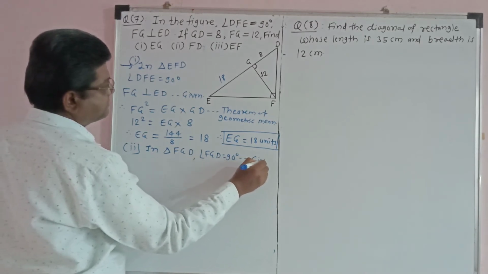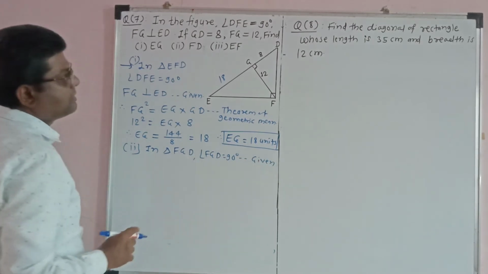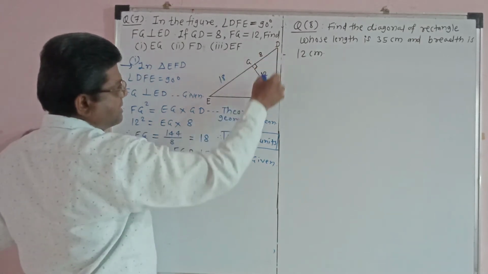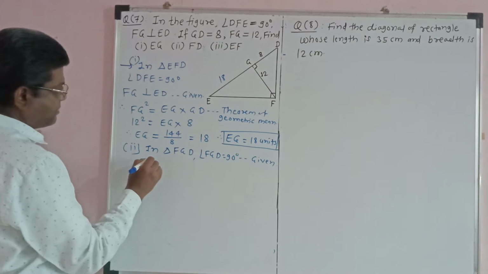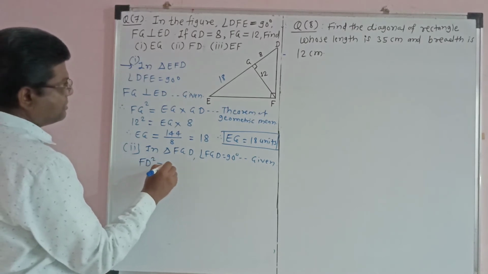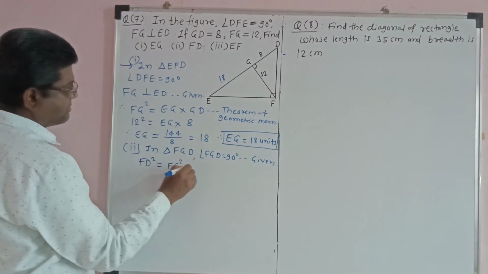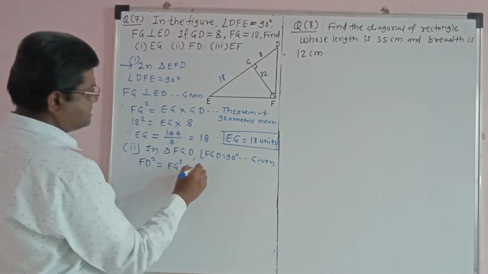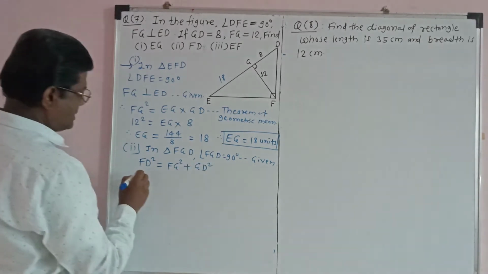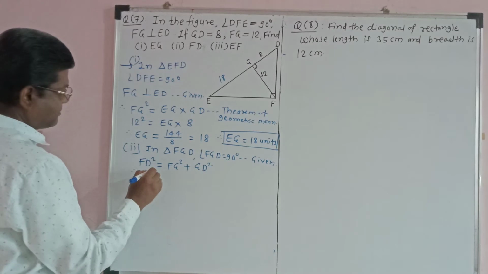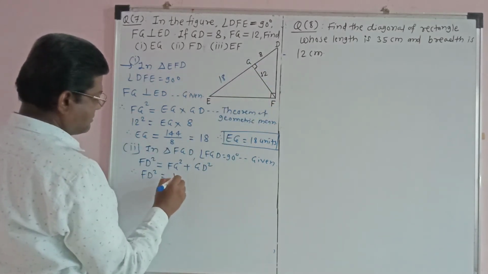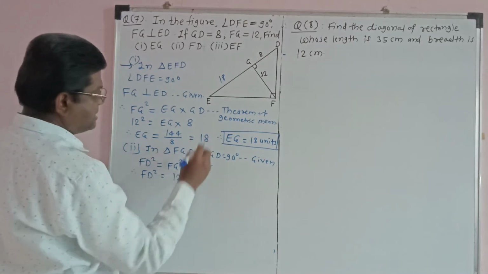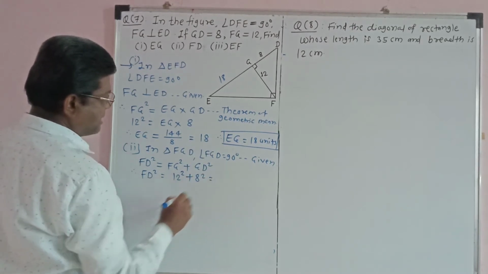It is given. Therefore, for this triangle, FD is the hypotenuse. Therefore, FD square is equal to FG square plus GD square. Therefore, FD square is equal to FG is 12 square plus GD is 8 square.